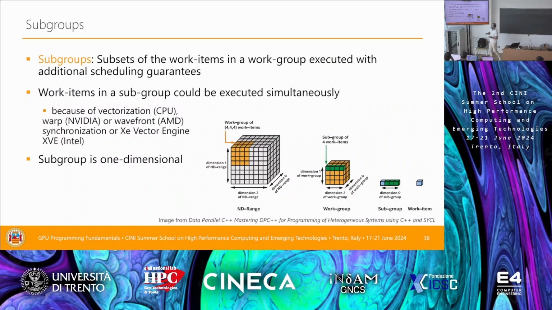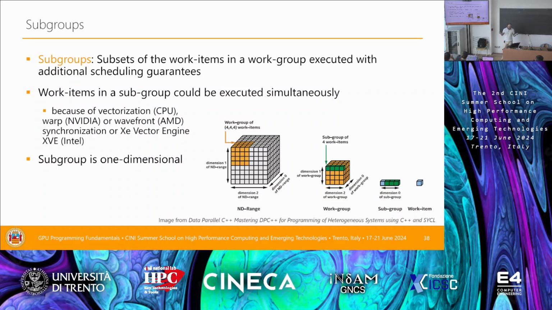Then we have subgroups, which are mapped to warps on NVIDIA and wavefronts on AMD. On Intel, they are called EUs. And if you're running on the CPU, like on Compiler Explorer, a subgroup will be mapped to an AVX vector on x86, on Intel.